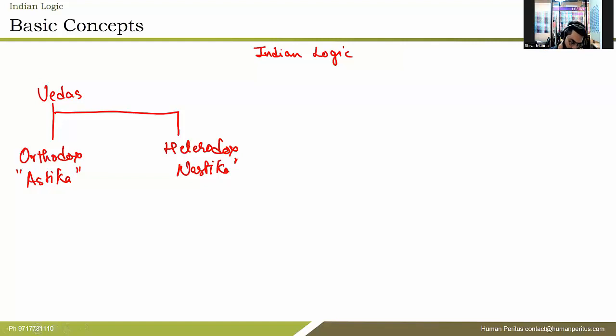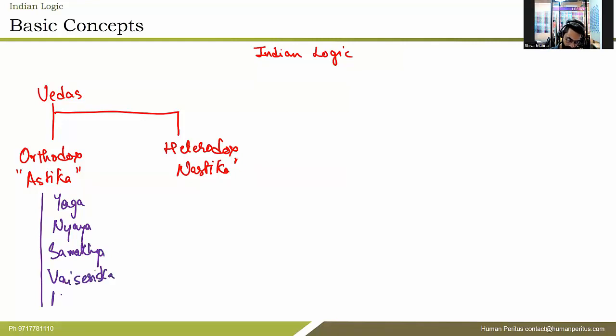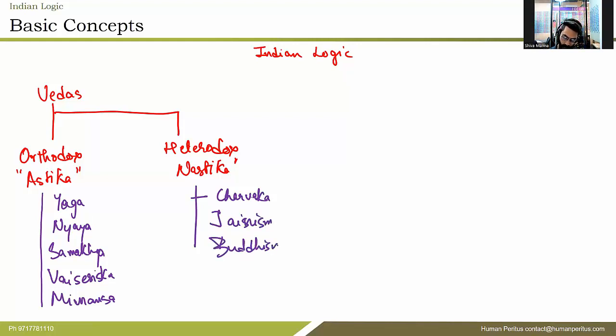So if you look at different schools that are there, under orthodox, we have five major schools. One is Yoga, another one Nyaya, Samkhya, Vaisheshika, and Mimamsa, while heterodox have been divided into Charvaka, Jainism, and Buddhism.